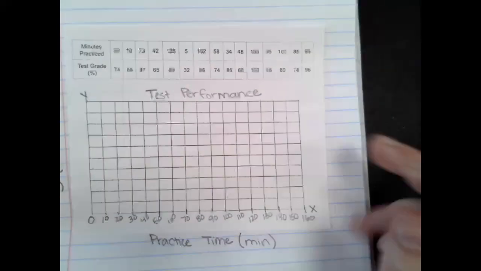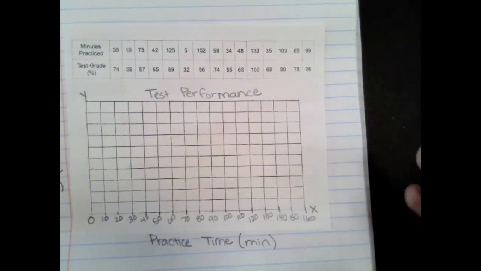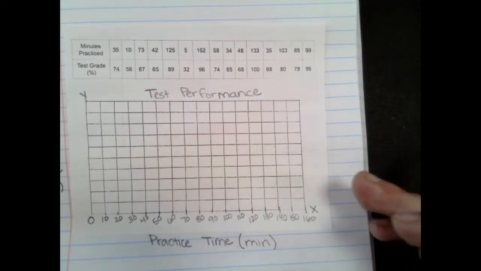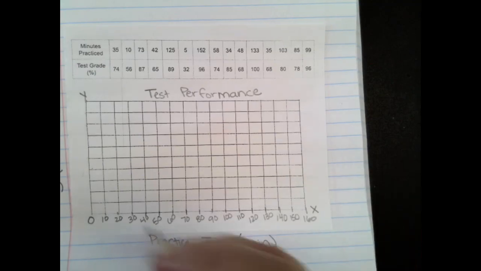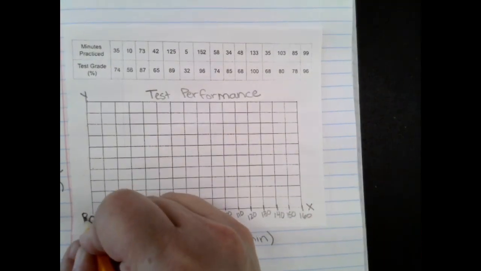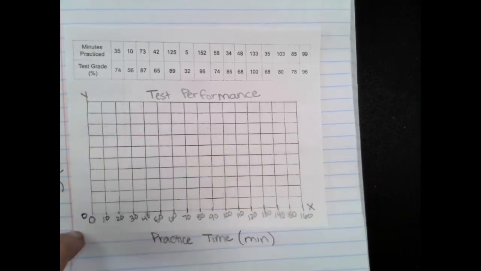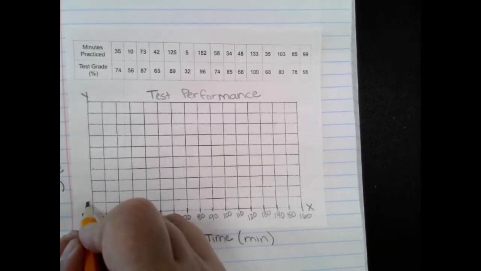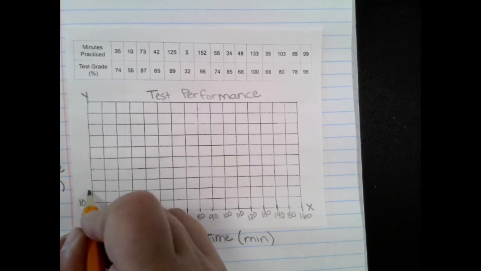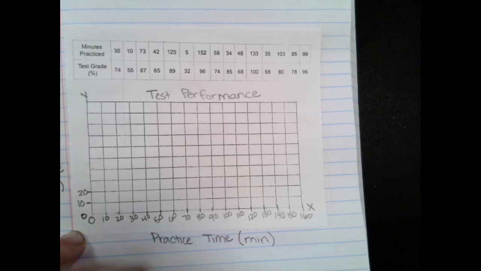Unless you want to go crazy and count by like 8s or 7s, you do you, but that sounds crazy to me. I like to keep it simple. So I'm not going to personally do a break. I'm going to start at 0. And then by test grades, I'm going to count by 10s. So we have 0, and then we have 10, 20. Remember, we're counting those lines, going up by 10s.